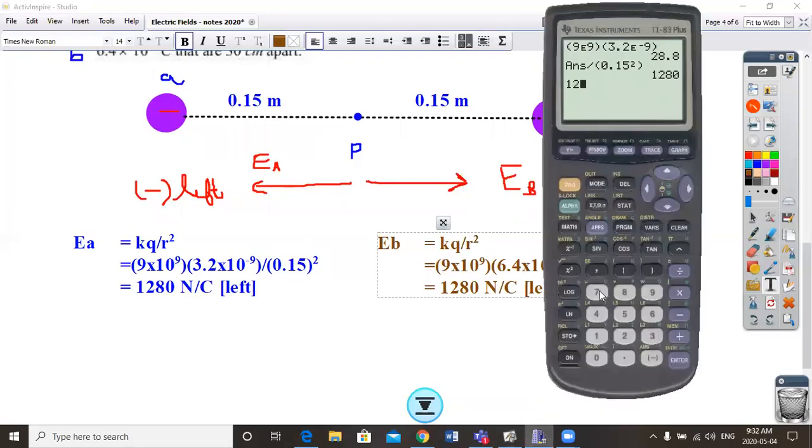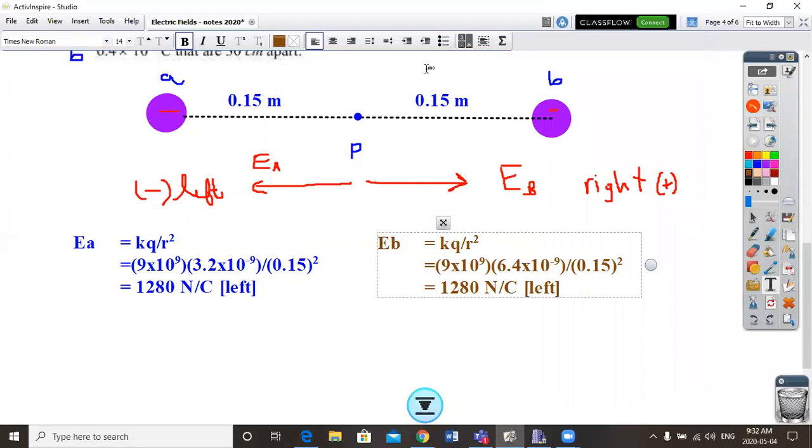So now we can go ahead and calculate that. 9 times 10 to the power of 9 times 6.4 times 10 to the power of negative 9, divided by 0.15 meters squared, and you get 2560. Interesting, from a proportion standpoint, the distances are the same.